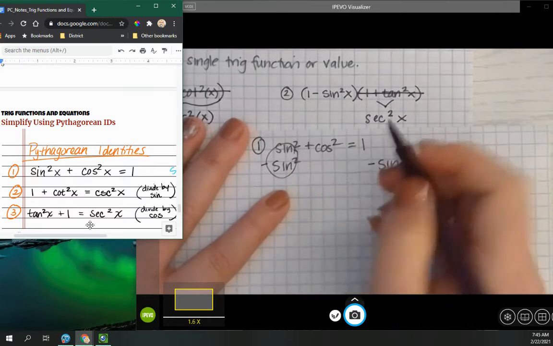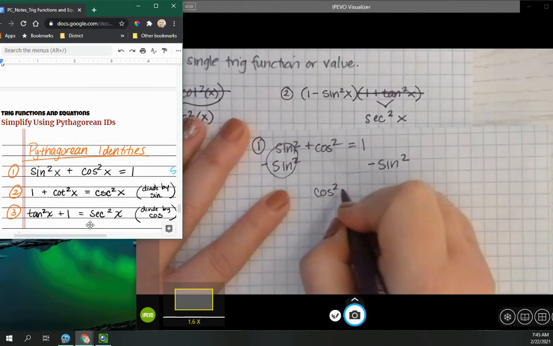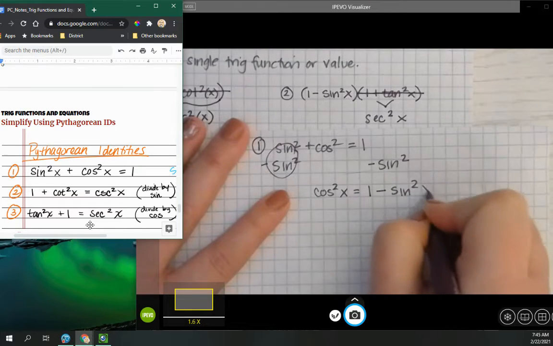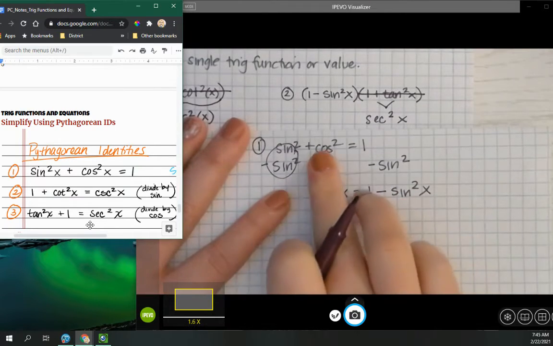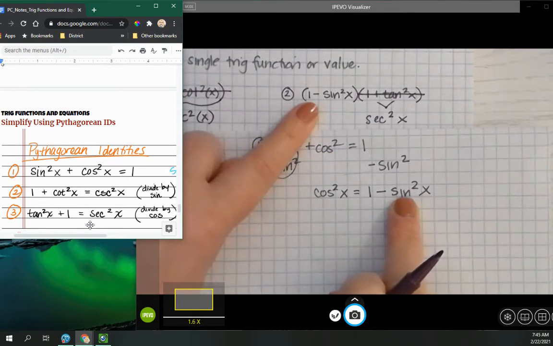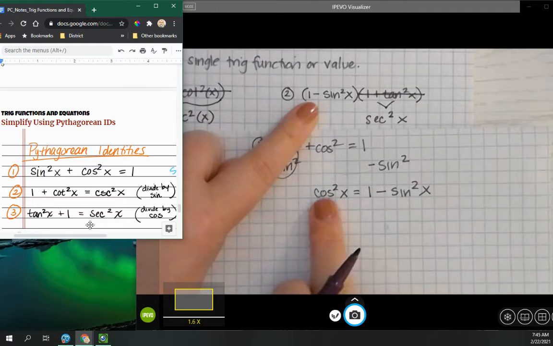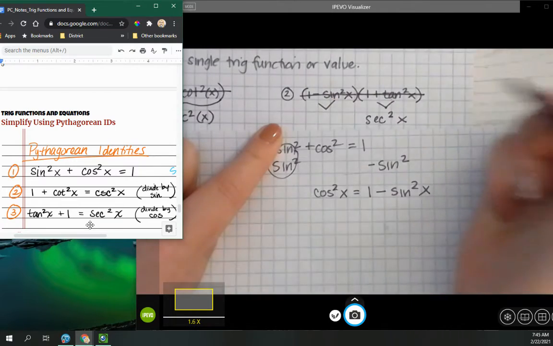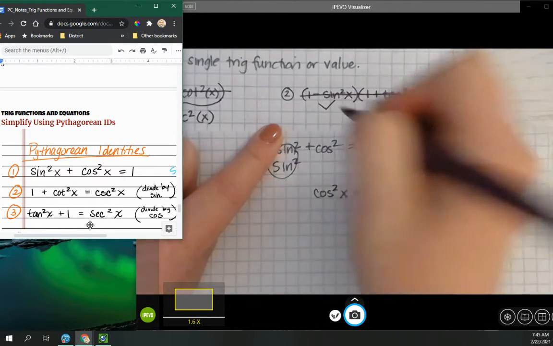Sine squared minus sine squared, this gives me cosine squared is equal to 1 minus sine squared. All right, so I was able to use the first formula, move some stuff around to make it look the same. 1 minus sine squared can be replaced with cosine squared. So I'm going to cross out this one and replace it with just cosine squared x.